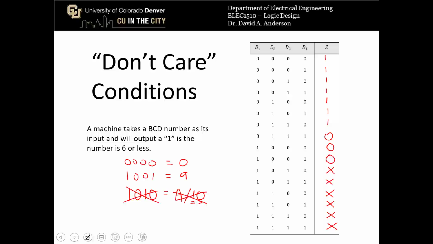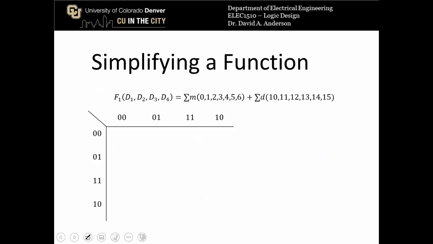Now let's look at optimizing this function. These are in terms of what I call digit 1 through digit 4. So when we look at that as a sum of minterms, it is the sum of minterms 0, 1, 2, 3, 4, 5, 6, and the sum of don't cares 10, 11, 12, 13, 14, 15. So let's go in and fill in the ones first.